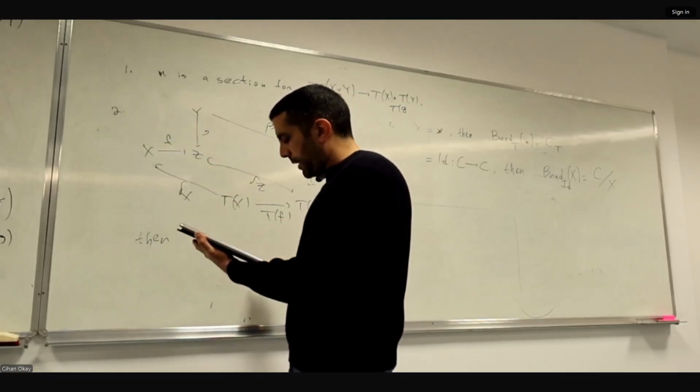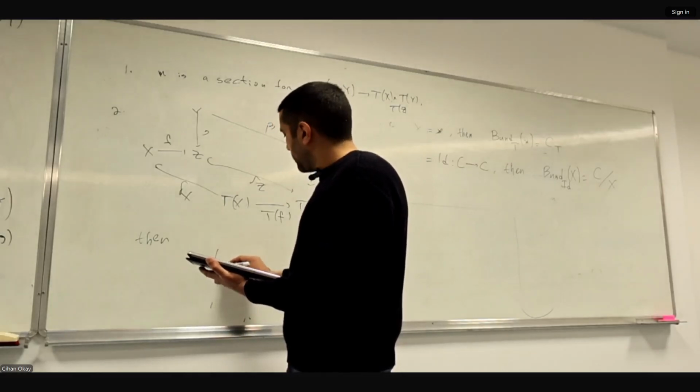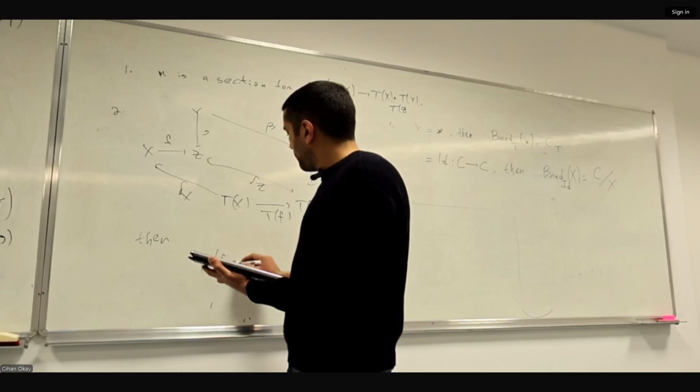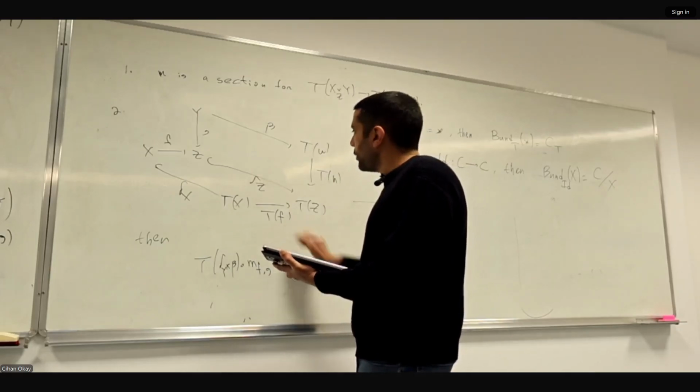If we apply this and then we apply T of beta, then we apply the maps, it's the same. So it's natural when we have such a map.